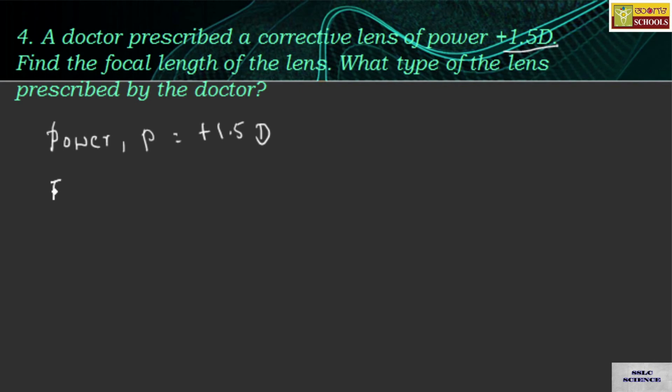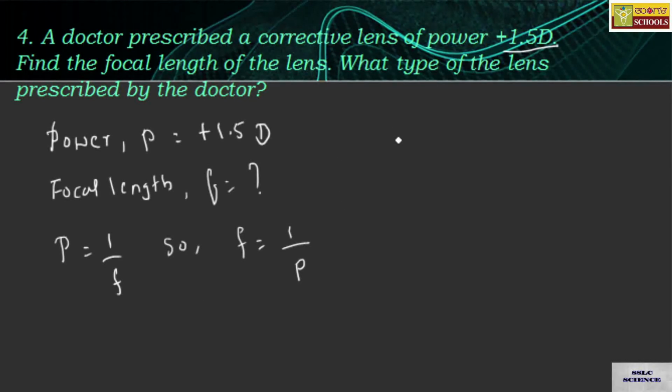We have power P is equal to 1 by f. So f is equal to 1 divided by P. F is equal to 1 divided by plus 1.5, which is plus 0.66 meter.